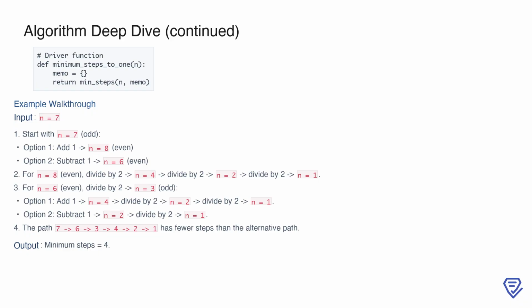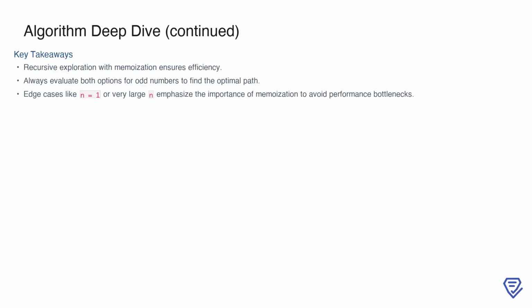By systematically exploring both paths for odd numbers and leveraging memoization to avoid redundant calculations, we efficiently find the minimum steps. This problem highlights the power of combining recursion with memoization for computational efficiency. The recursive exploration ensures we evaluate all possible paths for odd numbers to find the optimal solution, while memoization prevents redundant computations, making the solution scalable for larger values of n.